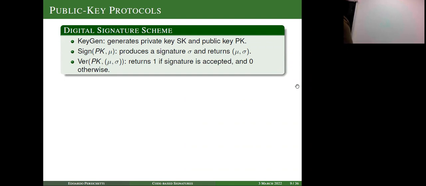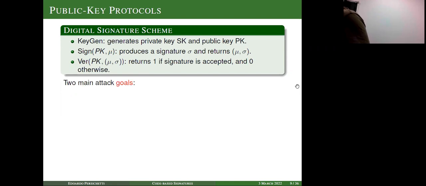And then when you receive a message and signature, the verifier uses the public information. So this is the public key. Everyone can verify and just accepts or rejects. Okay, so it is not exactly the same, but it's a different type of framework, right? And here we're not concerned about confidentiality. We're not concerned about hiding the message. We're concerned about identifying ourselves, about authenticating.